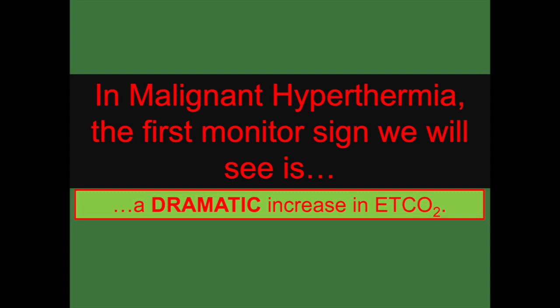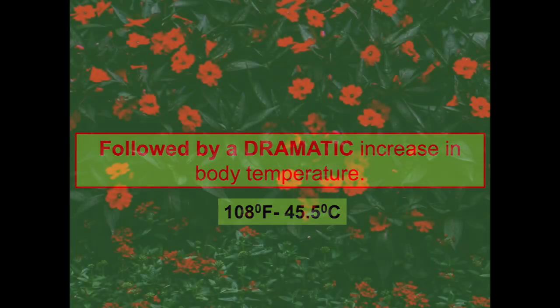It has to be given in a dose, and you would call the malignant hyperthermia on-call line to help you through this crisis. Again, you're going to see a dramatic increase in end-tidal carbon dioxide. The temperature is going to increase to well over 108 degrees Fahrenheit, which is 45.5 degrees Celsius. Very hypermetabolic.